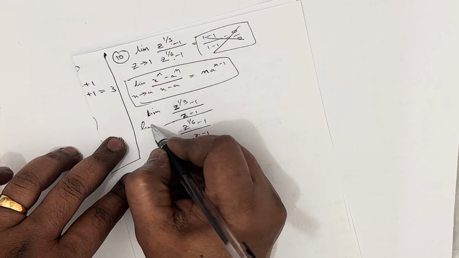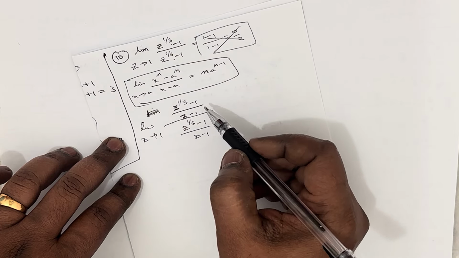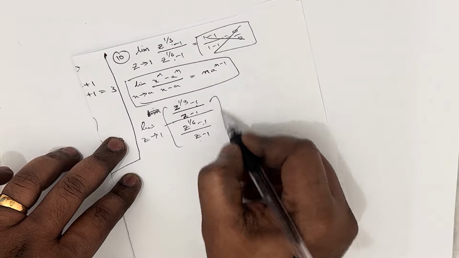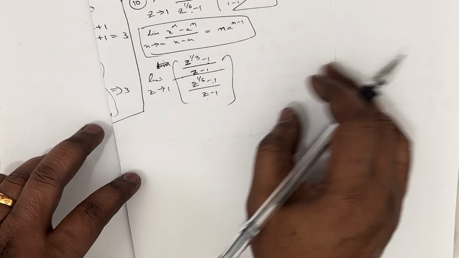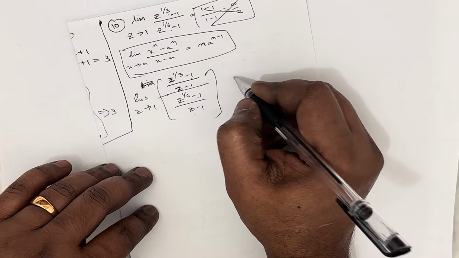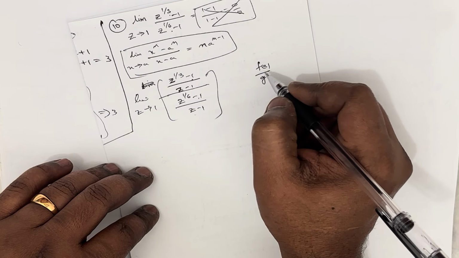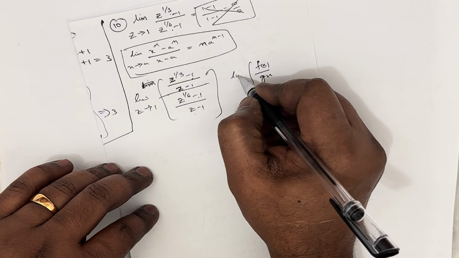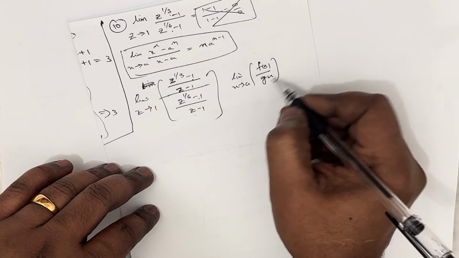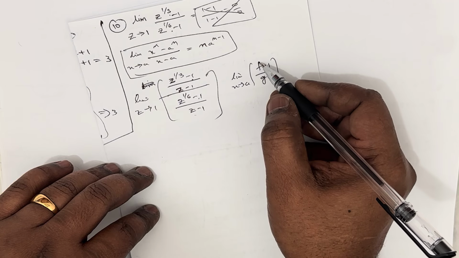So the limit as z tends to 1. Now we are dividing both the numerator and denominator by z minus 1. Now again we have a property, that is, if we have f of x by g of x, and the limit as x tends to a, then the limit can be split into the numerator and denominator.